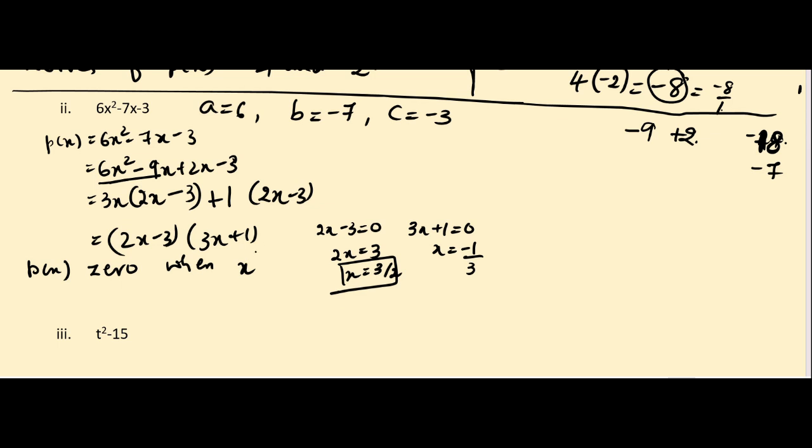That's why when x becomes 3 by 2 and x is minus 1 by 3, then the given polynomial becomes 0. That's why the answer is x is equal to 3 by 2, or x is equal to minus 1 by 3.